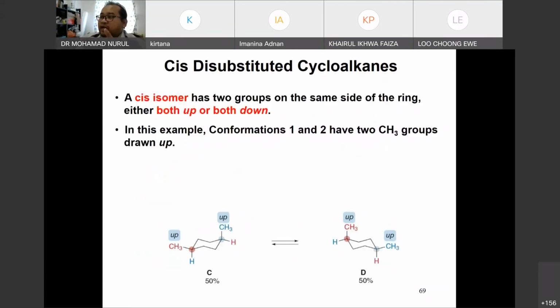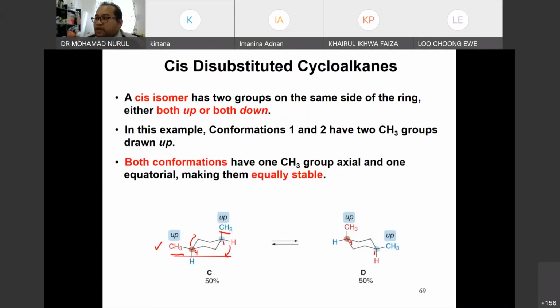So for example, we have conformations 1 and 2 that have two CH3 groups drawn up. This one is up, cis. Correct. And when we flip the structures, for example, carbon number 1 flips down, and this one becomes up, carbon number 4 here. So both conformations have one CH3 axial.